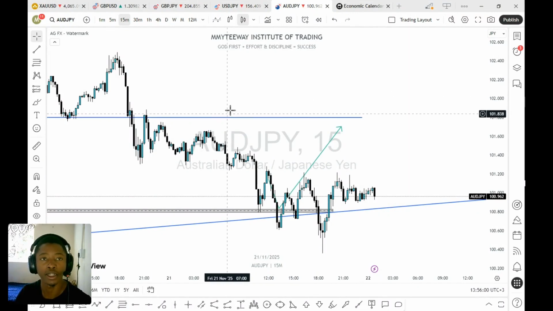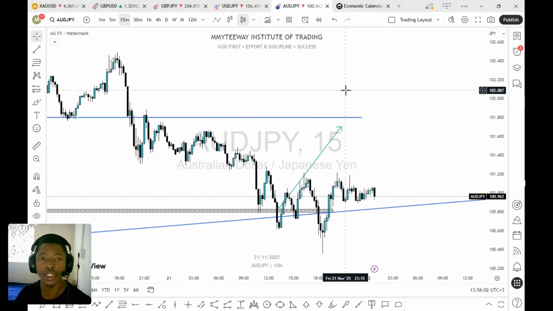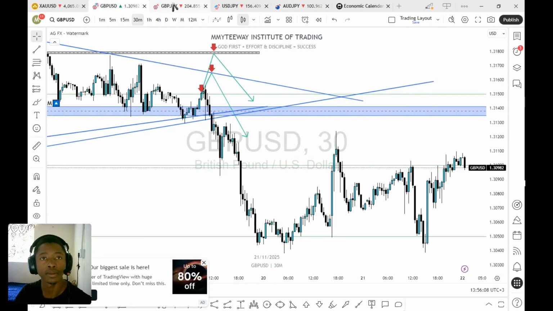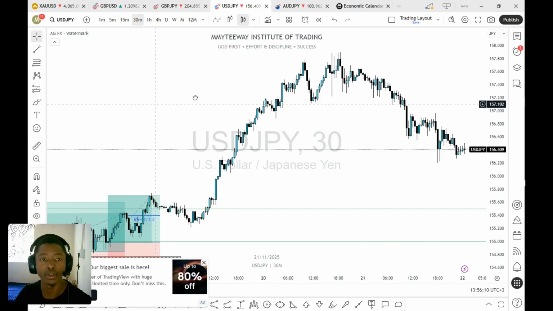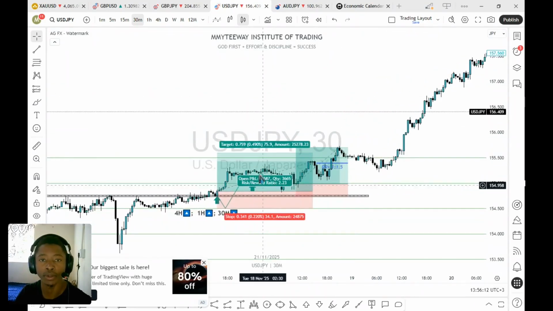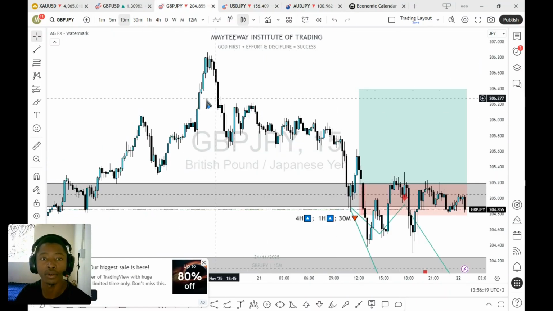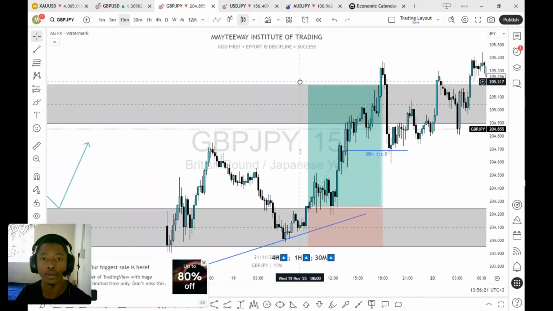First, I'm just going to show you the trade breakdown of the whole week. First we took our trade on USD, which was a 1 to 2, and it hit our take profit. Then we took a trade on GBP on Wednesday.